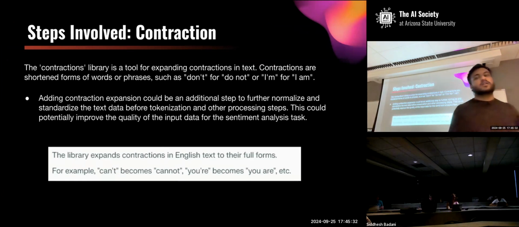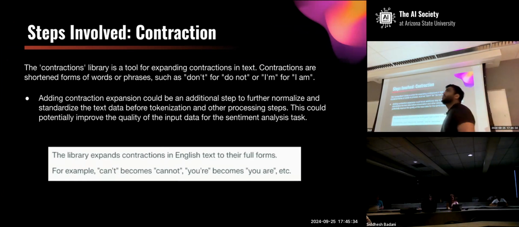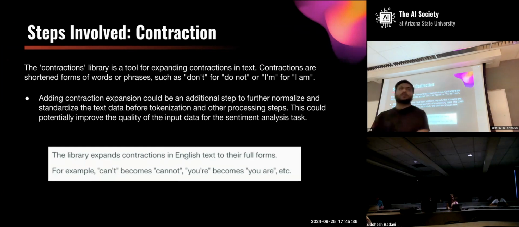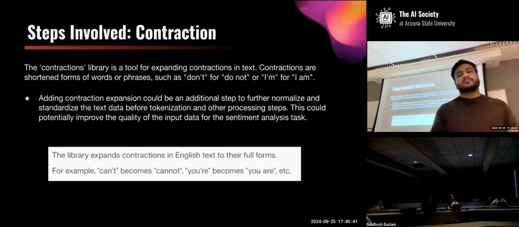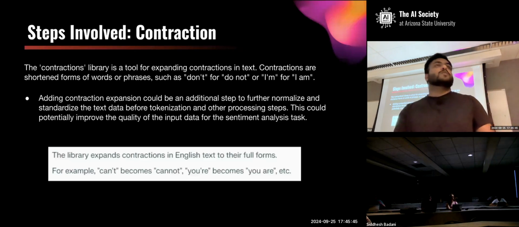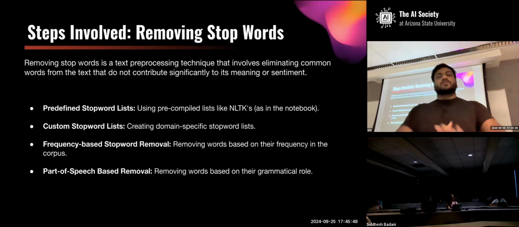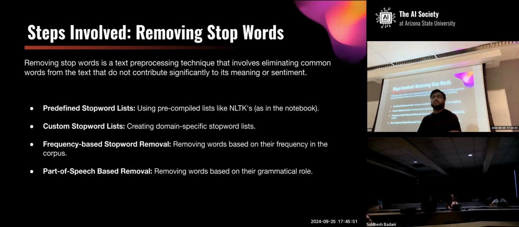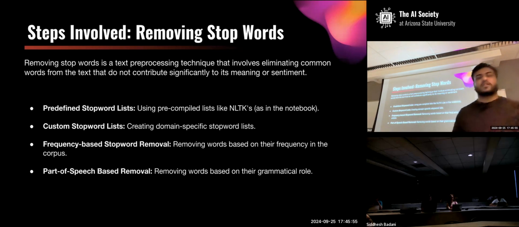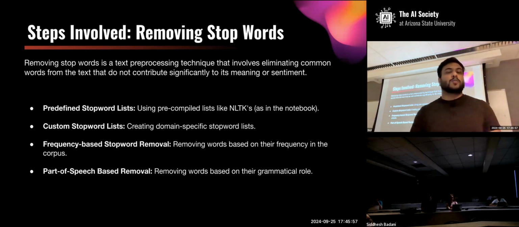It depends on the level of accuracy you want to achieve and the amount of time you want to put in. That will determine the number of steps you are going to follow for this data cleaning process. So the last step we are going to use for our event recommendation project is removing the stop words.